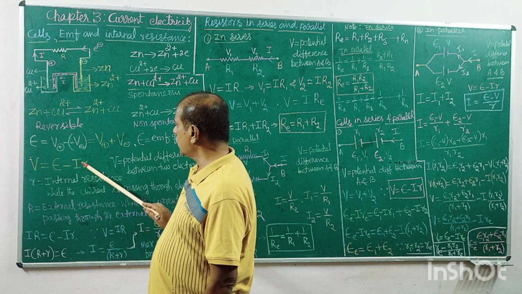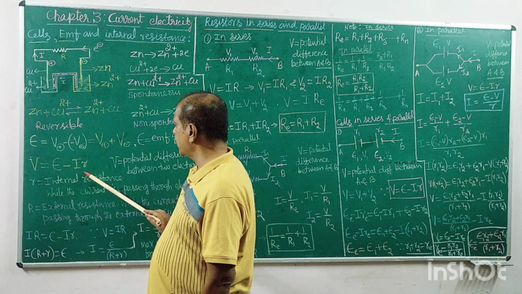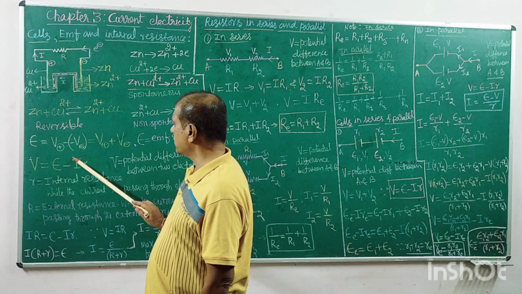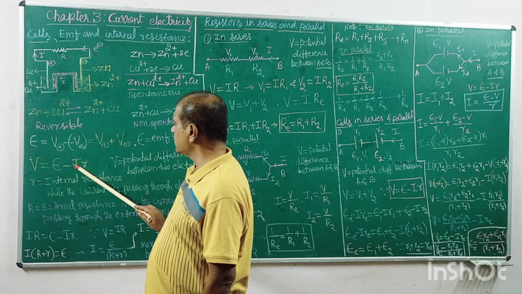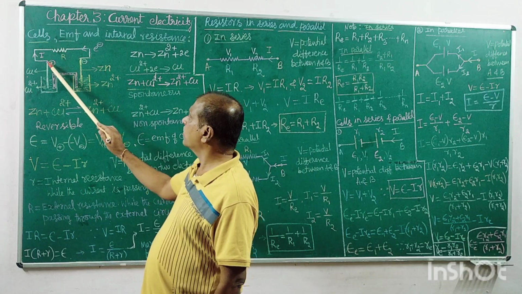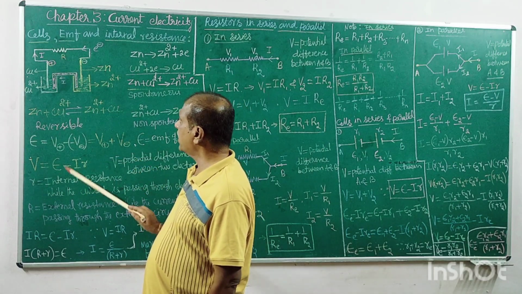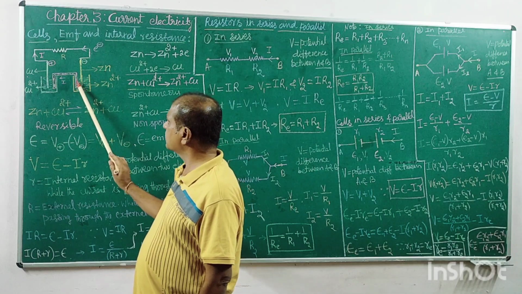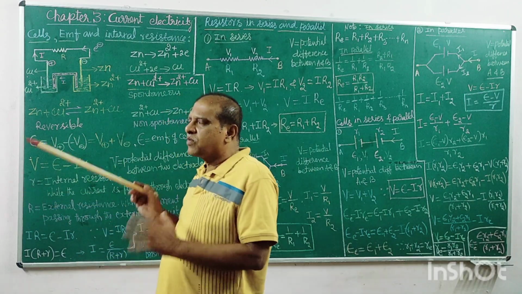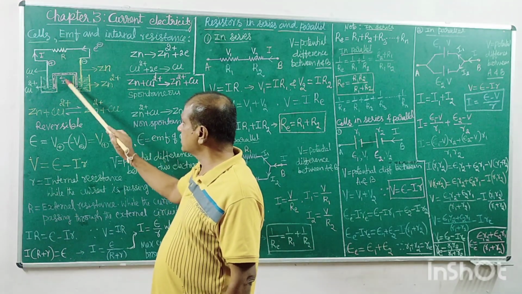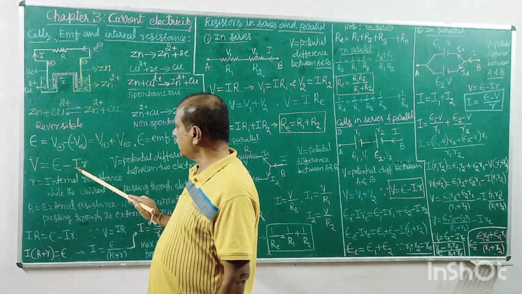And I into R is the potential difference. This potential consumes some amount of electric energy, so minus. Without flowing of this electric current, there is no loss; the flow of electric current consumes some amount of potential inside.